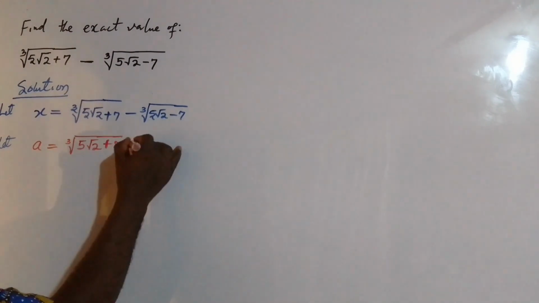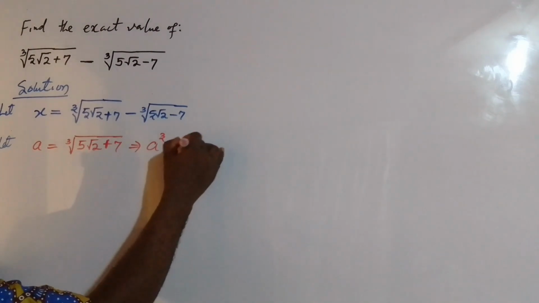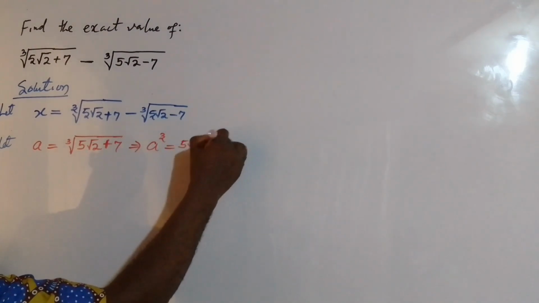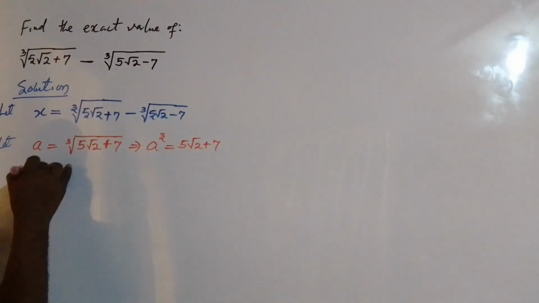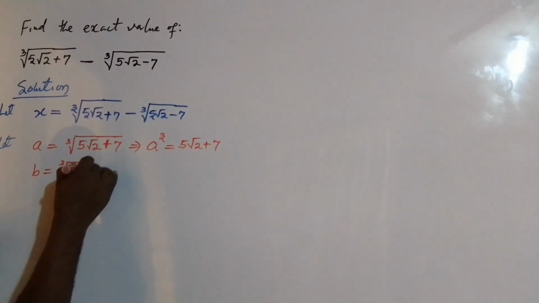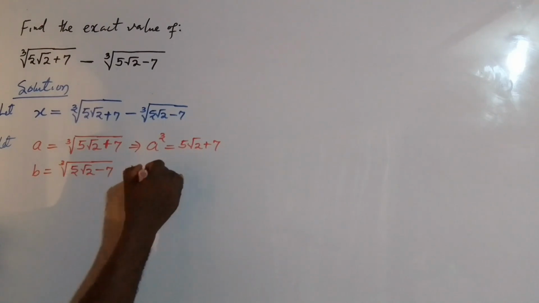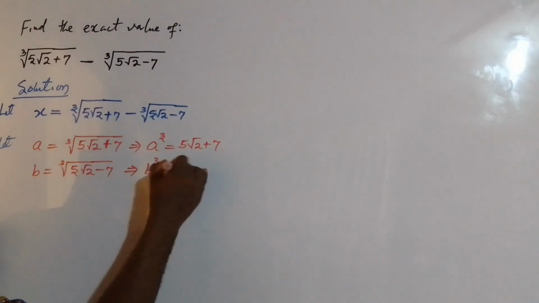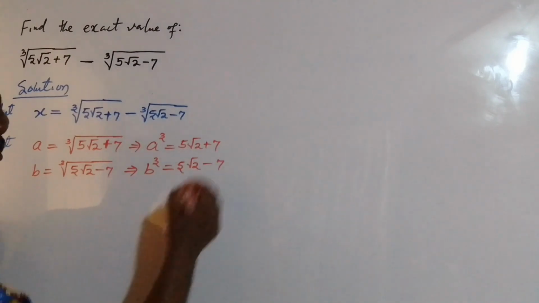Now if this is the case, that means a cubed will be equal to 5 root 2 plus 7. And again, if b equal to cube root of 5 root 2 minus 7, then this implies b cubed will be equal to 5 root 2 minus 7.